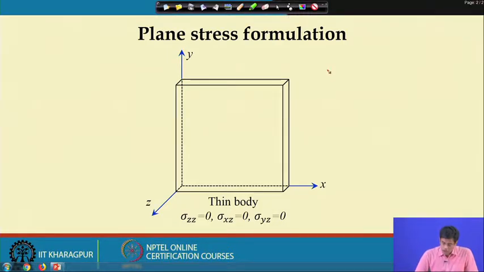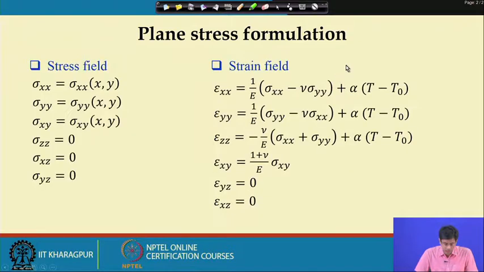Now, for this plane stress body under thermoelastic deformation, let us see what stress field we finally obtain. We obtain the stress field sigma xx, sigma yy, sigma xy, which are all functions of x y, and all other three stress components are 0.